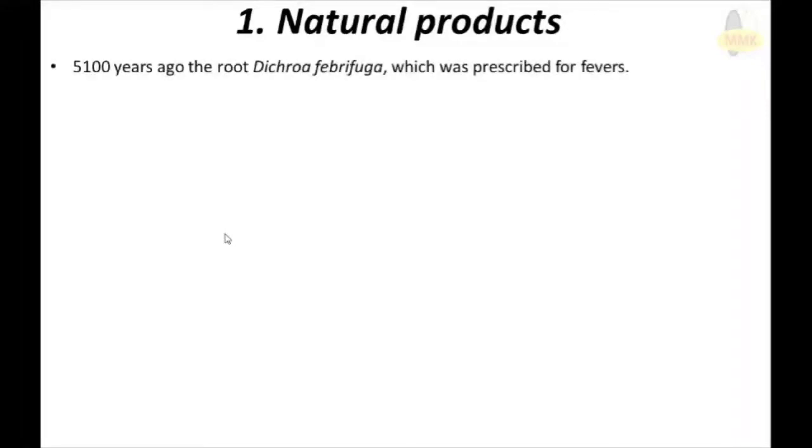In case of natural products, the history is very old. Thousands of years back, there is recorded evidence that people used medicinal agents. As we all have Ayurveda, but as far as the literature is concerned, one of the oldest literatures available is Chinese, where 5,100 years back, they used Dichroa febrifuga, this root, for fevers.